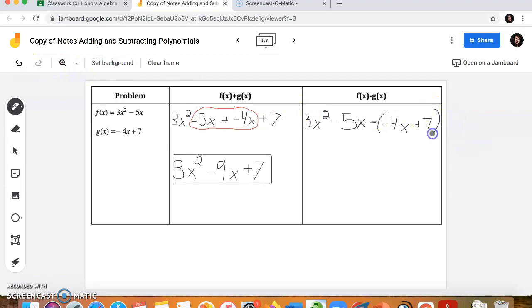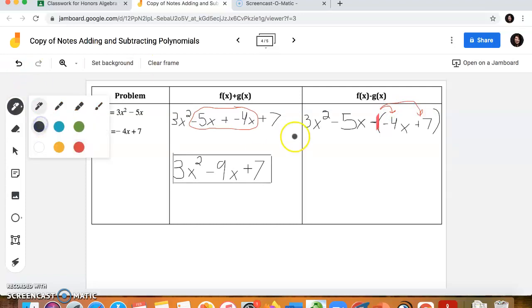And then there's an invisible 1 here. And we're going to distribute that to the negative 4x and to the positive 7.